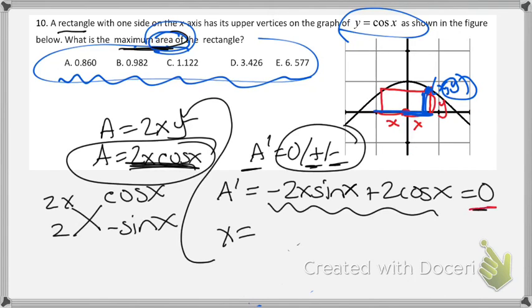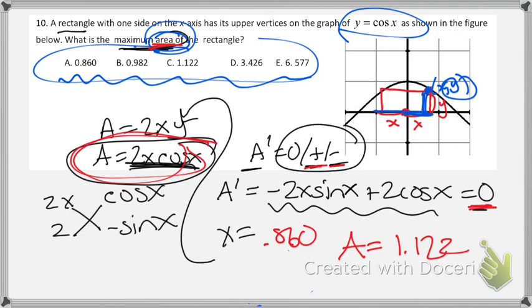So looking for a height of 0, but changes from above to below, happens at 0.860-ish, but that's the x-coordinate. You have to plug that back in here because they asked for the maximum area. So if you plug it in to this equation, your final answer will be what the area is approximately.